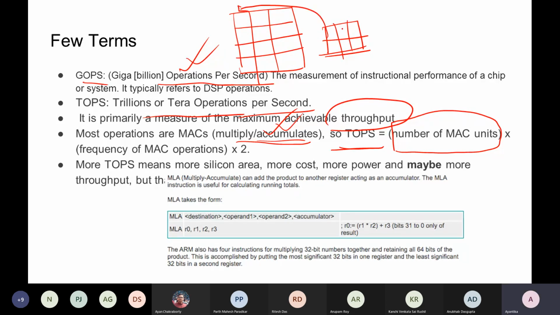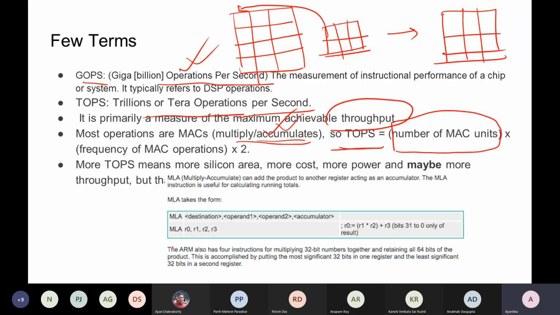You are multiplying and accumulating. And finally, you are getting some final output matrix. Maybe some dimension reduction, etc. Many things are there. But the basic operation that you are doing is basically this multiply and accumulate. You can see here what we mean by this multiply and accumulate.